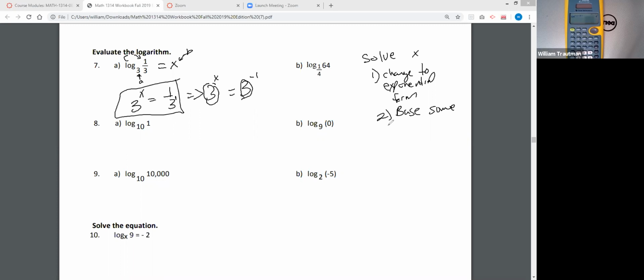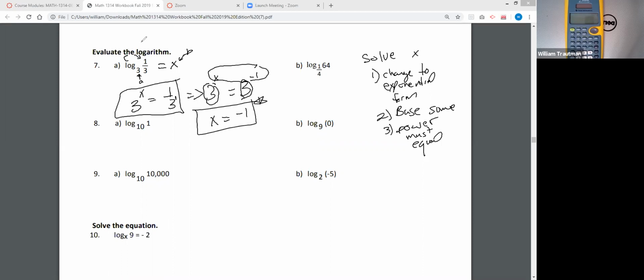Once the bases are the same, step 3, the powers have to be the same. Powers must equal. So we're going to say these two equal. X equals -1. And that's my answer.